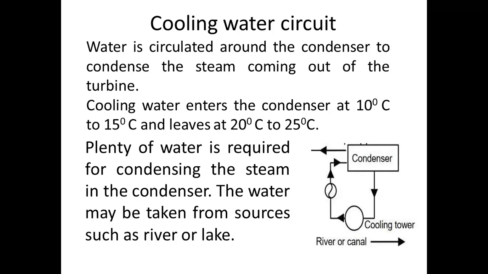If a large source of fresh, clear, clean water is available, then we can use a river or canal. But if clean water is not available, then we are not using a river or canal.